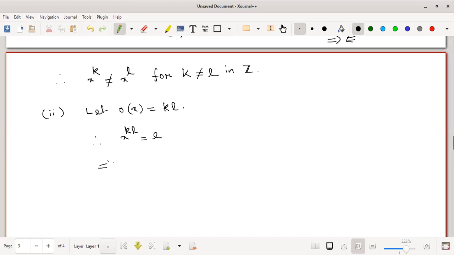If we apply the generalized associative property, then we can prove that x to the power kl is nothing but x to the power k, to the power l. This is equal to identity. Now, what does it mean? It means that the order of x to the power k is less than or equal to l, right?